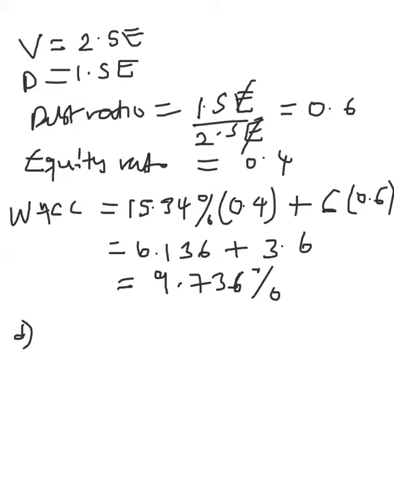Now the D part is saying, what would the cost of equity be if the debt to equity ratio were 2? What if it were 1?